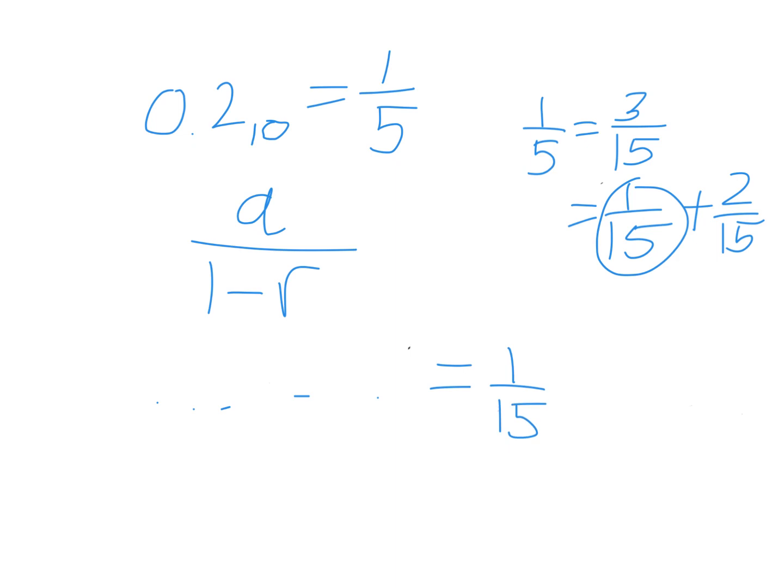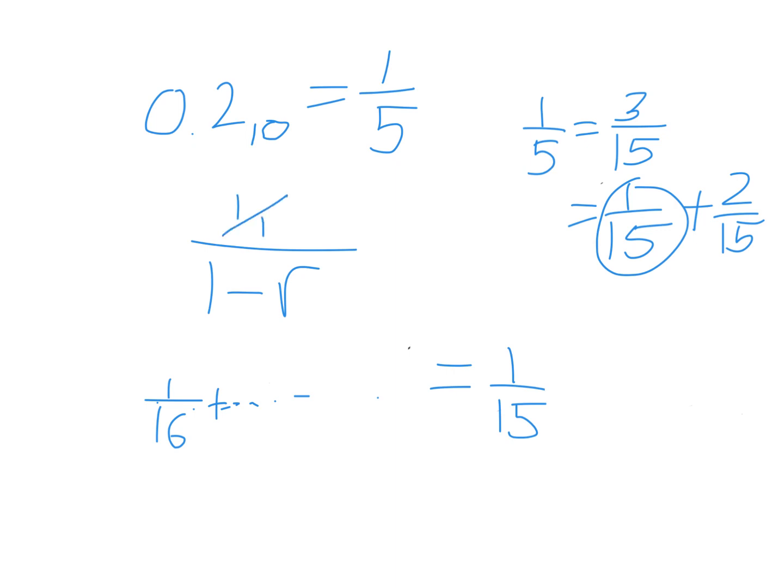In order that I can write it as a decimal in binary, I need each term to be a fraction whose denominator is a power of 2. So how am I going to do that? Well, let's start by choosing A. I need to choose the next smallest fraction whose denominator is a power of 2. I'm going to start with 1 over 16 because that is a little smaller than 1 over 15. So in my formula here, I'm going to change A to 1 over 16.